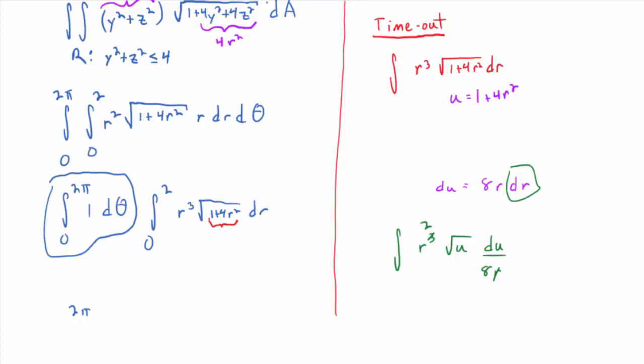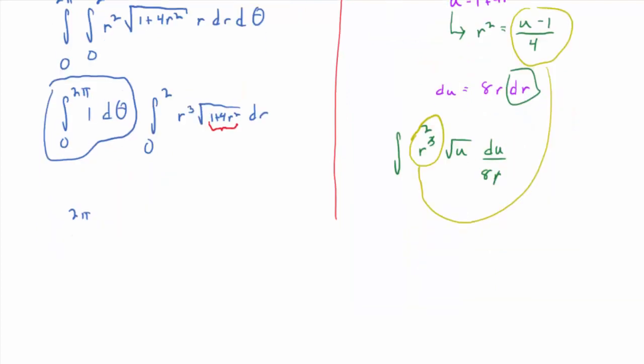So let's do that. From this equation, what does r squared equal? u minus 1 over 4. And so then my idea is to plug this in. This is r squared right here, so we just make that substitution. Then everything's in terms of u, which is sweet.